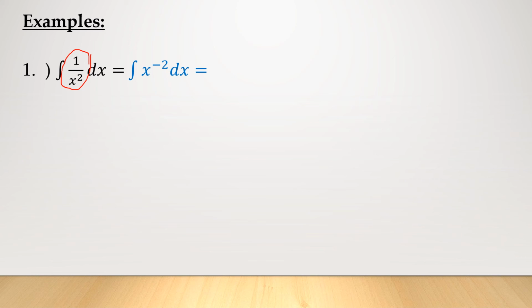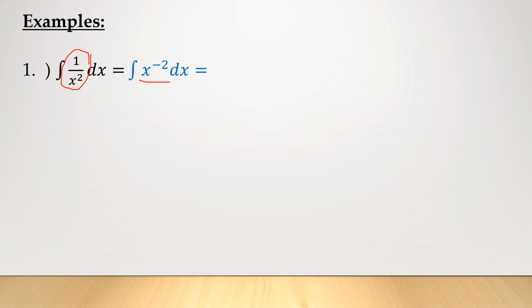Walang sinabi doon kung paano natin gagawin. So, we have to rewrite it in another form kung saan pwede natin gamitin yung mga previous theorem. So, 1 over x squared, i-rewrite natin yan, and we will rewrite it as x raised to negative 2 dx.